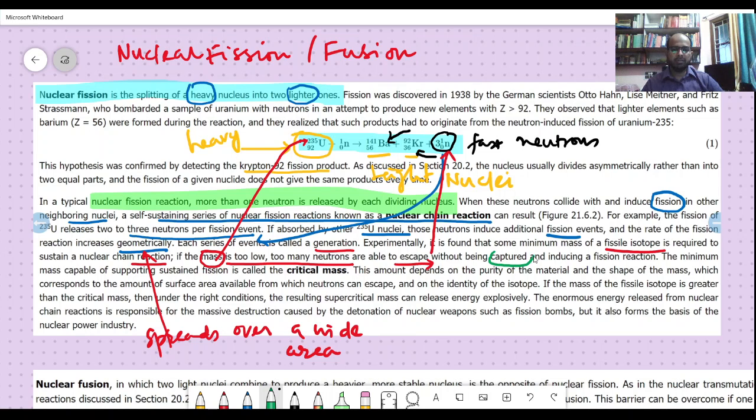What is meant by captured? We are bombarding this neutron into the uranium. It has to go inside with some high energy and split to give these two things. This process is called capture, and it induces the fission reaction.